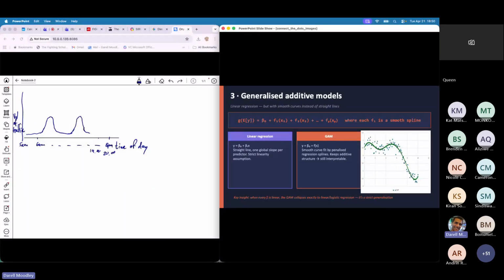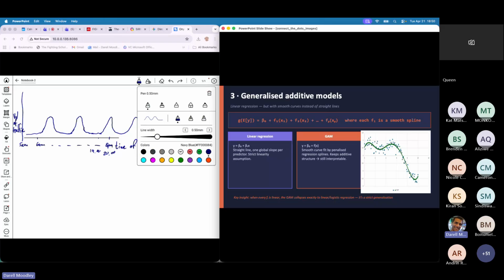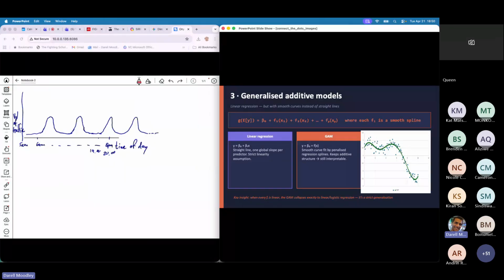Now, this is just one day. If you did this for a week, you'll continuously see this cycle up and down. You get the idea. If you were to put a linear regression model to try and predict this, it wouldn't do a great job, because this data does not follow a straight line.